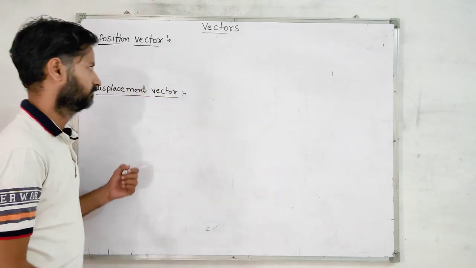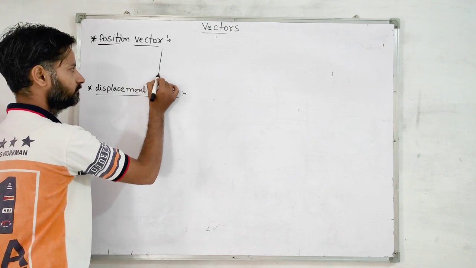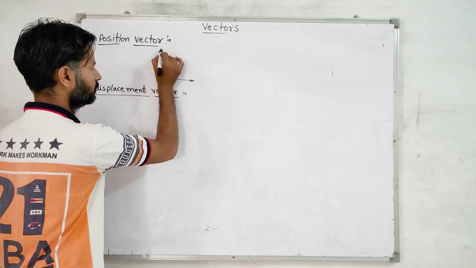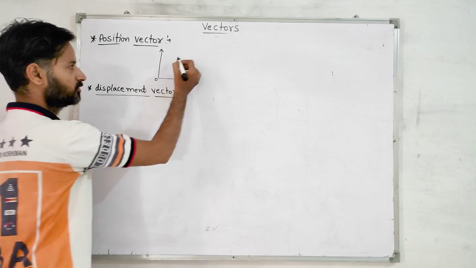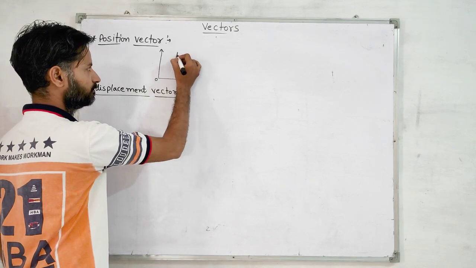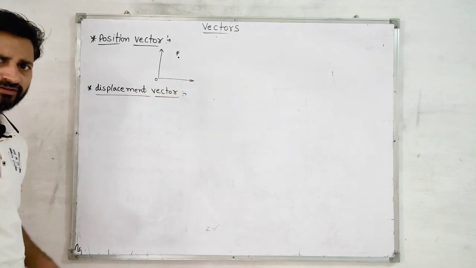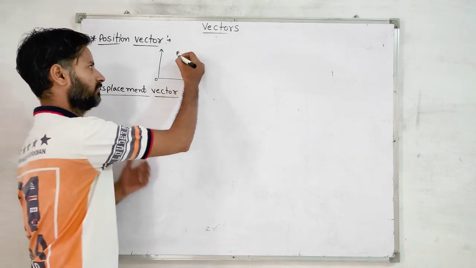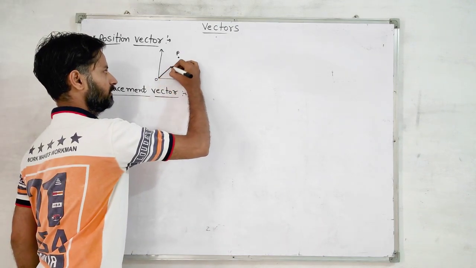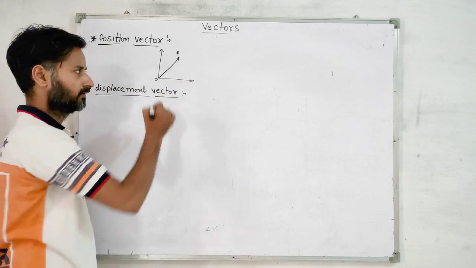Position vector. If a vector represents the position of any particle, let the particle be P, then the vector representing the position of this particle is called the position vector.